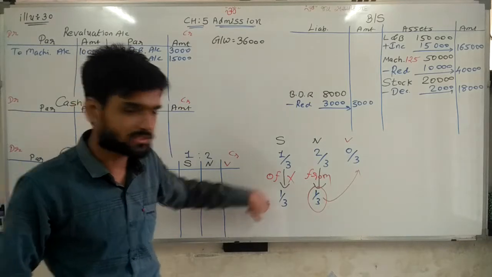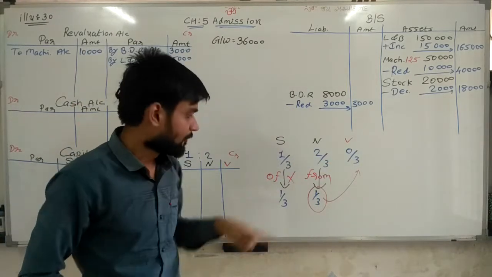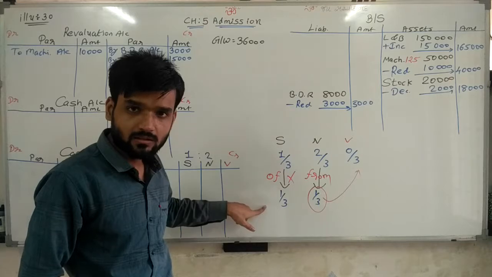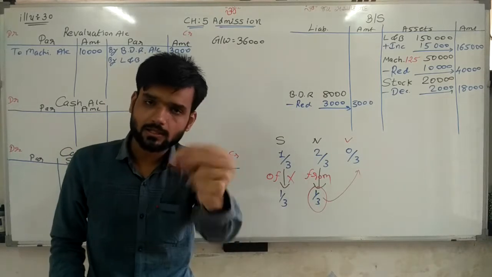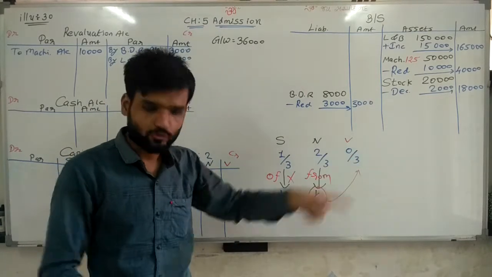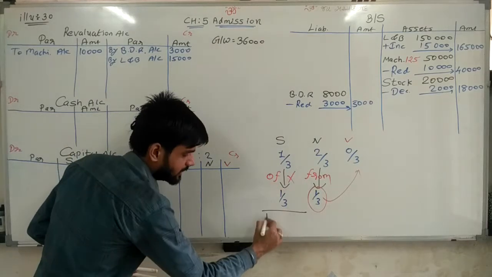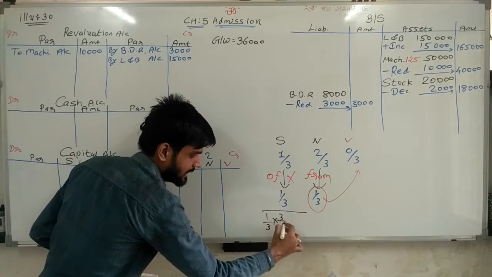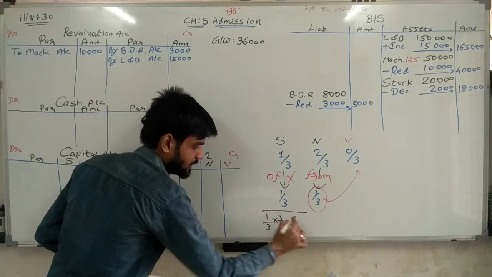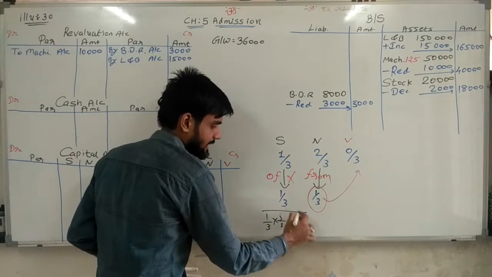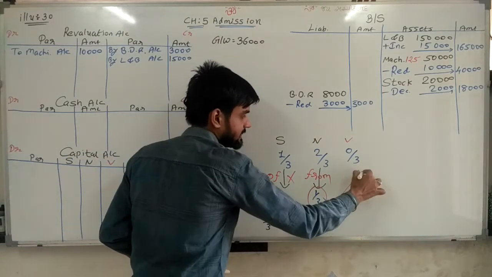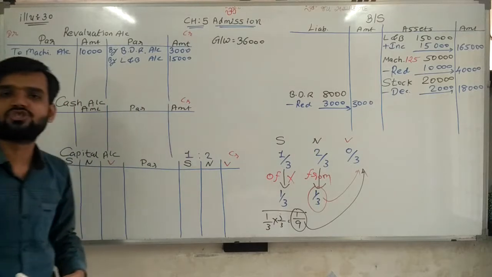But this 1/3 is not directly given to Vijay. First we multiply, and whatever answer we get, that we give to Vijay. So 1/3 multiply with 1/3, so 1/9. This 1/9 I am giving to Vijay.